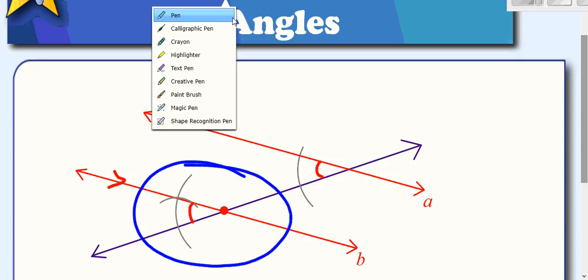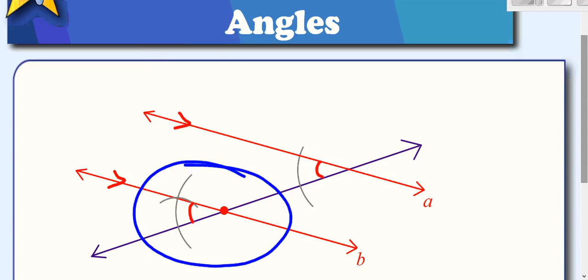So right here we've got a linear pair, which means that these two angles are going to add to be 180. We also know then, because we copied it, that these two angles are the same. We marked them as being the same.